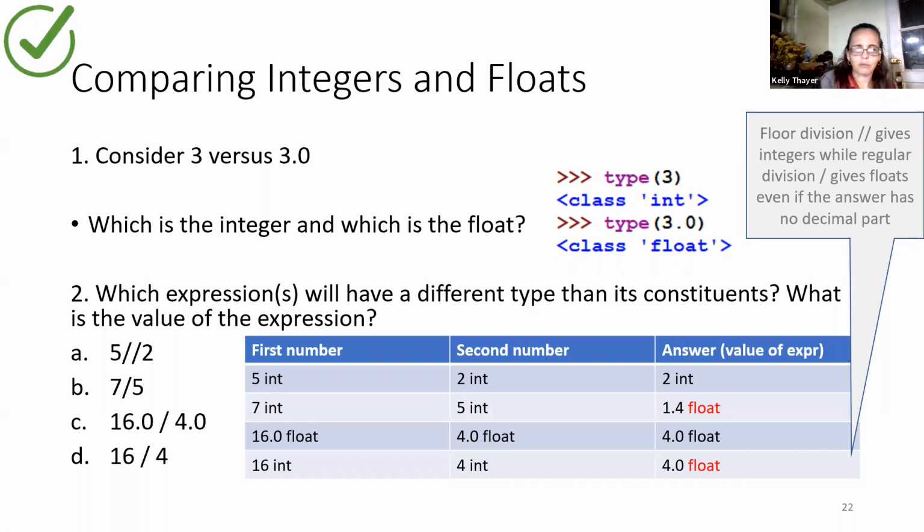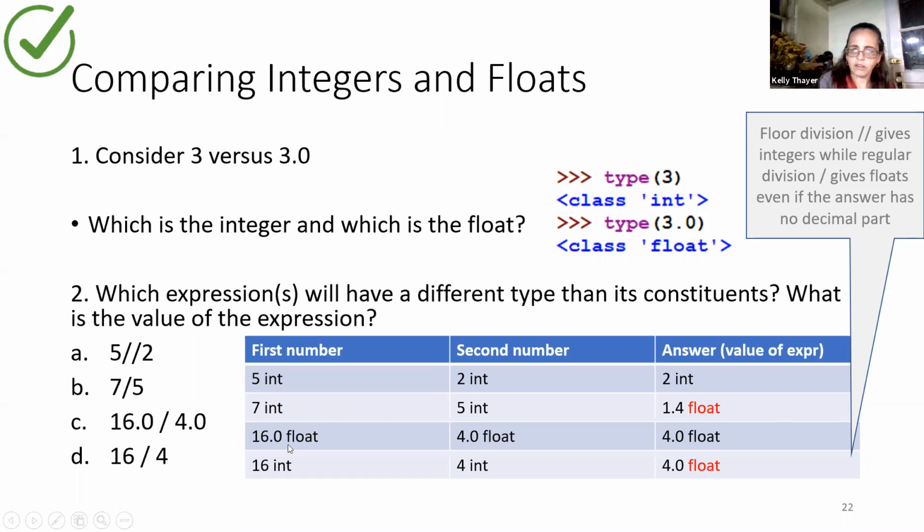I've made a little table here for you to check yourself, right? So 5 and 2 are both integers, and the answer we get is going to be an integer because this is the floor division. 7 and 5 are both ints, but we're going to get a float, so this one is different. 16.0 divided by 4.0, notice that it's 0.0.